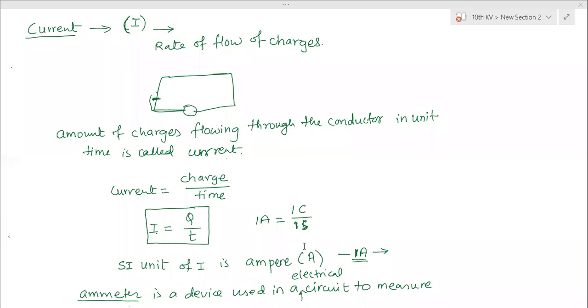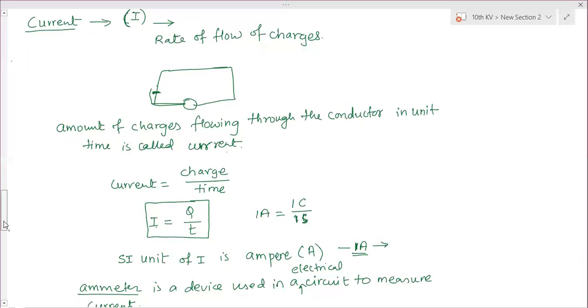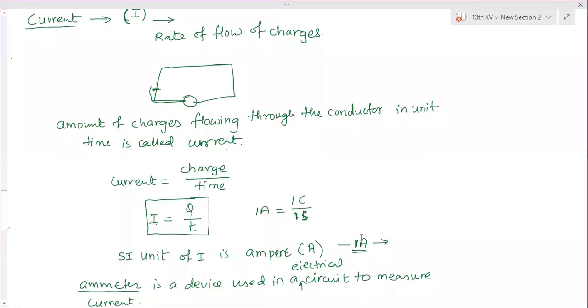Have you reached this part, the 1 ampere definition? Yes, ma'am. Then write down the definition of 1 ampere.